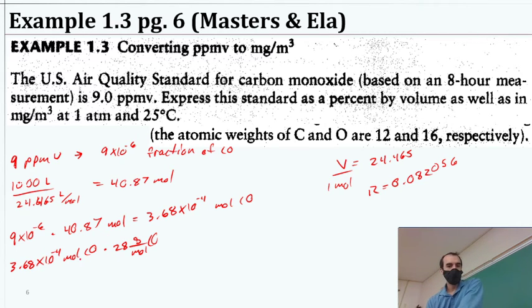If we do this multiplication, we get 0.0103 grams of carbon monoxide, which, if you convert that to milligrams, would be 10.3 milligrams of carbon monoxide per cubic meter.